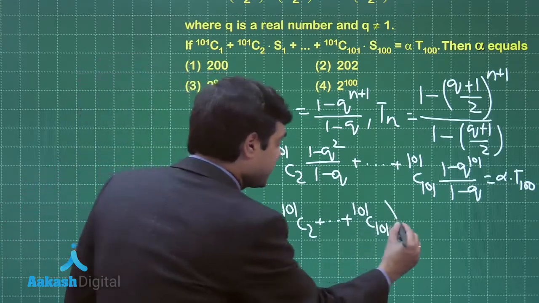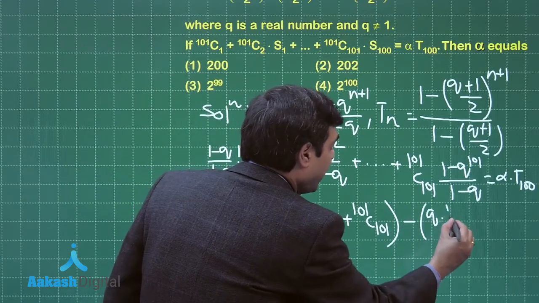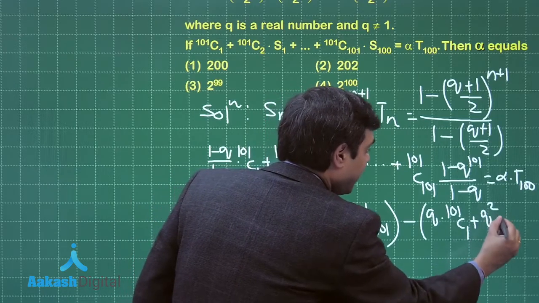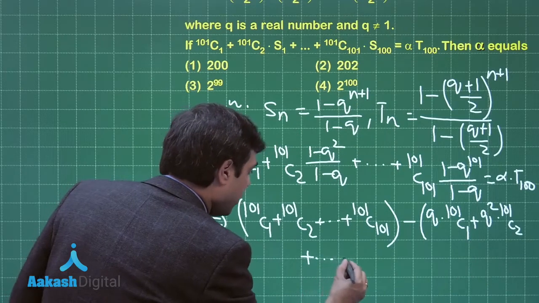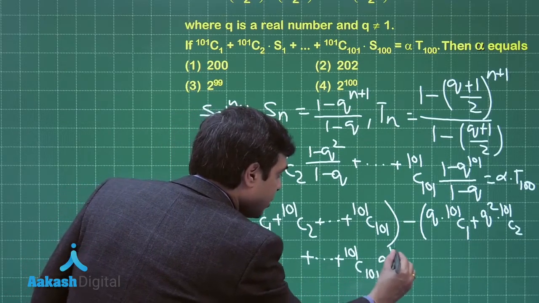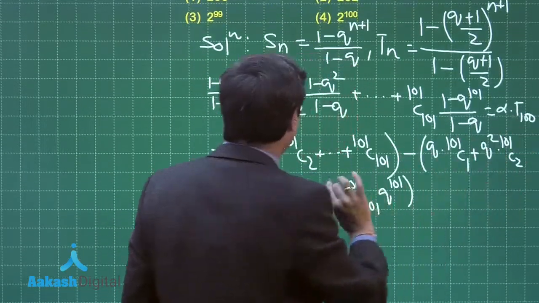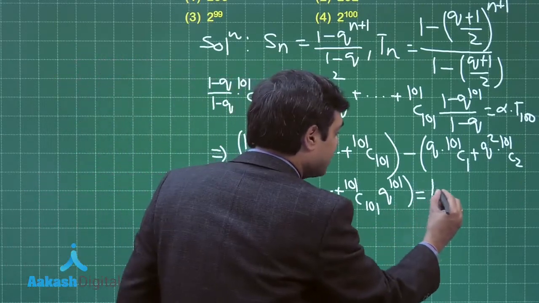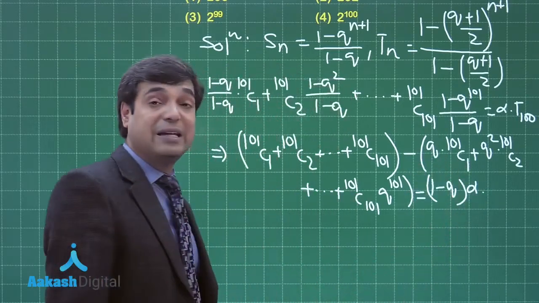Next, minus q into 101C1 plus q square into 101C2 plus and so on up to 101C101 q raised to the power 101. This is clear. Now the entire term had denominator 1 minus q, that you can take on the other side and write as 1 minus q multiplied with alpha into T100.